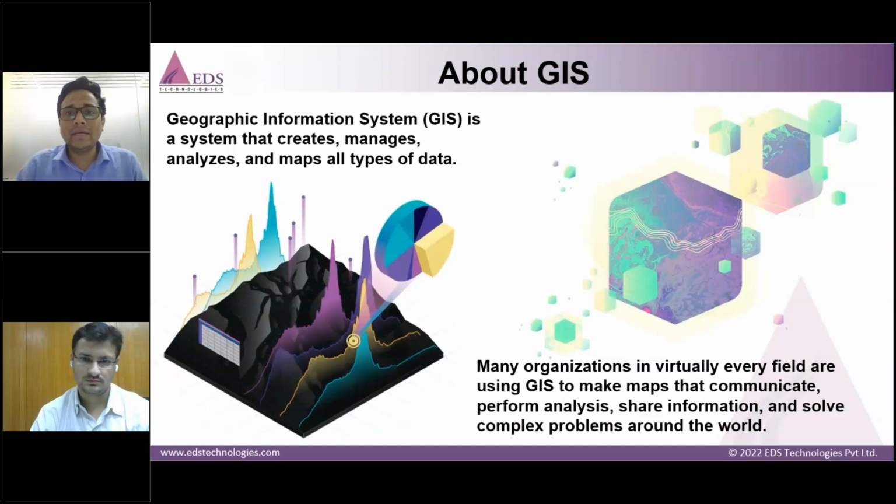Suppose my name is Rohit. Rohit is data, but if I attach my address to my name, it becomes spatial, because I'm attaching location information to the data. Once I attach my address to my name, I can pinpoint it on any GIS platform and open my name at a location. Similarly, for any data set, when we attach the location, we can open it on a map.